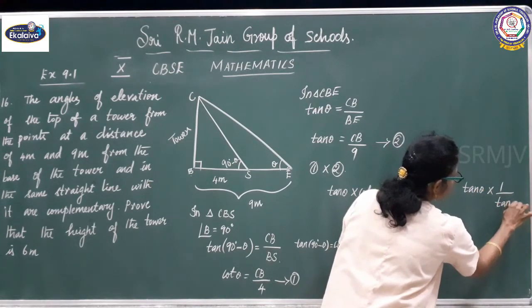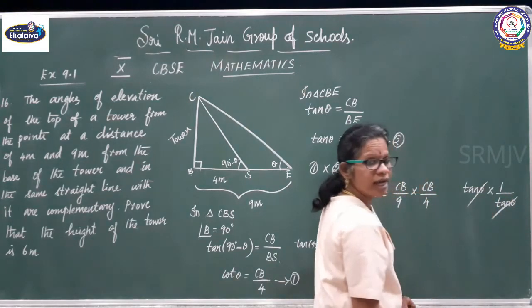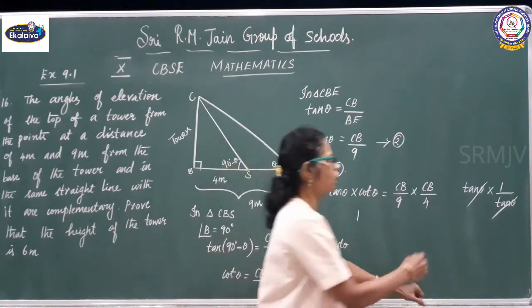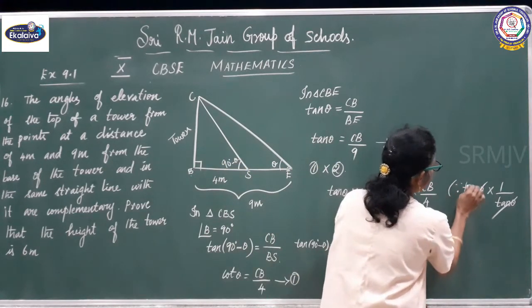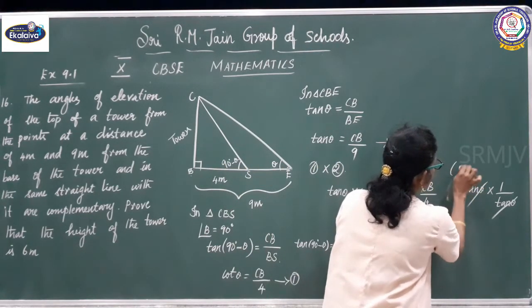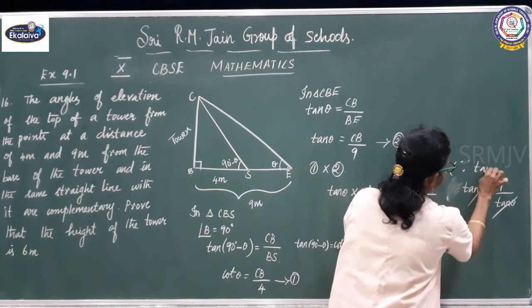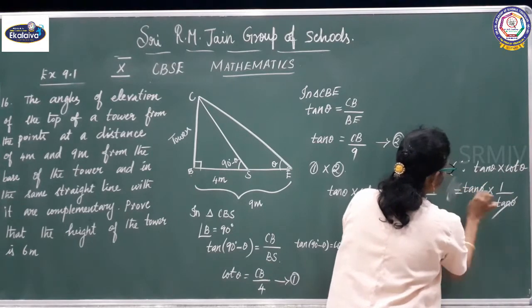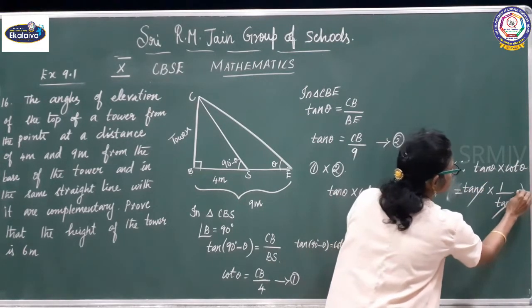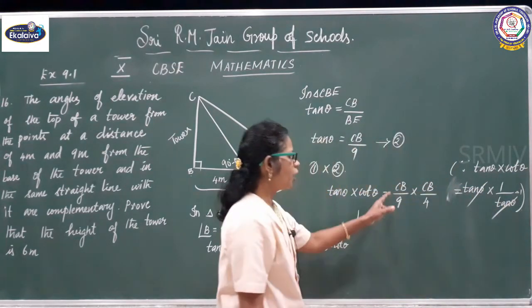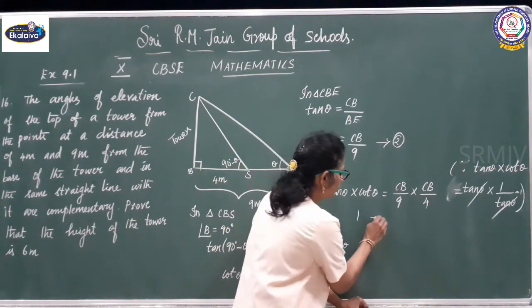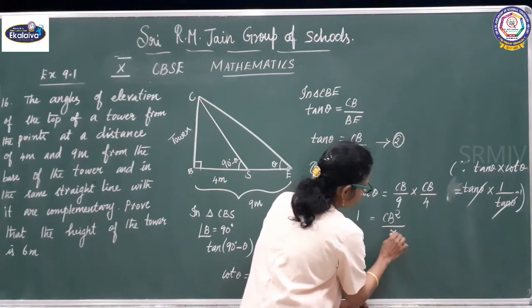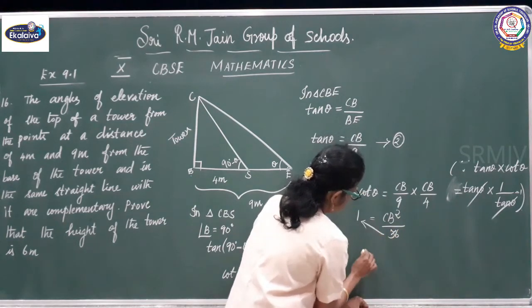So 1 by tan, tan cancel, you will get it as 1, right? Now CB into CB, CB square, 9 into 4, 36.